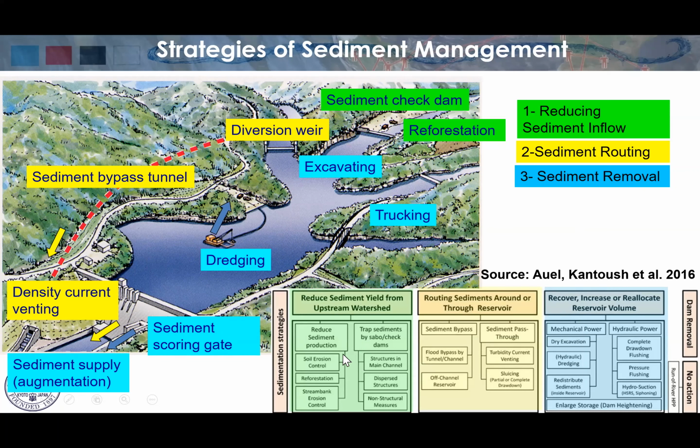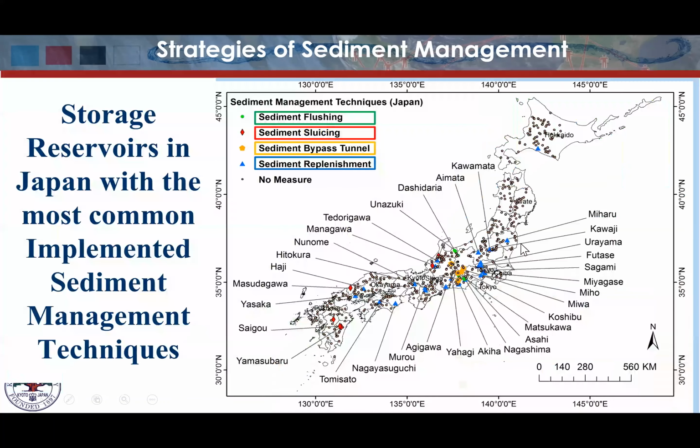I will not be able to talk about everything, but I will pick some examples, like sediment bypass tunnel, sediment flushing, or other options. This map is very interesting, showing all dams in Japan, more than 900 dams.